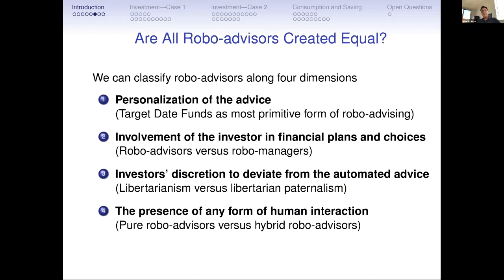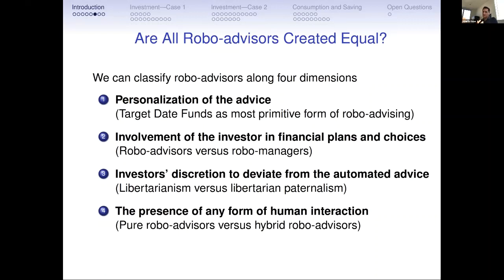Before getting into the cases, let me give you a sense of how my co-author and I think about robo-advisors. In general, you can classify robo-advisors along 4 major dimensions. One is the personalization of the advice. If you think about it in terms of investment decisions, a very primitive form of robo-advice would be that of target date funds.